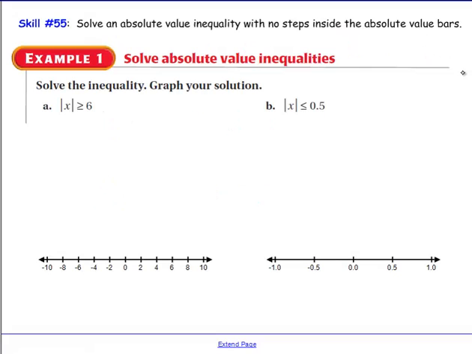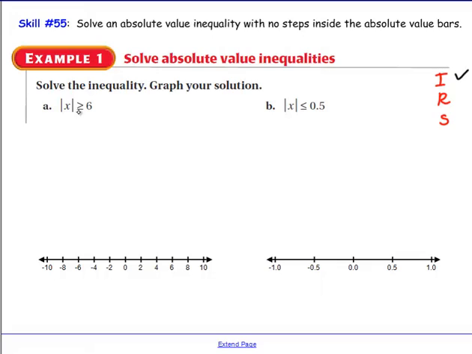Okay. So the first example is going to have us solve an inequality. So remember, these are our 3 steps. Isolate. The absolute value is already isolated, so we don't have to worry about this. This is already done for us. We do need to rewrite it. So we need to think about whether it is an OR or an AND problem.